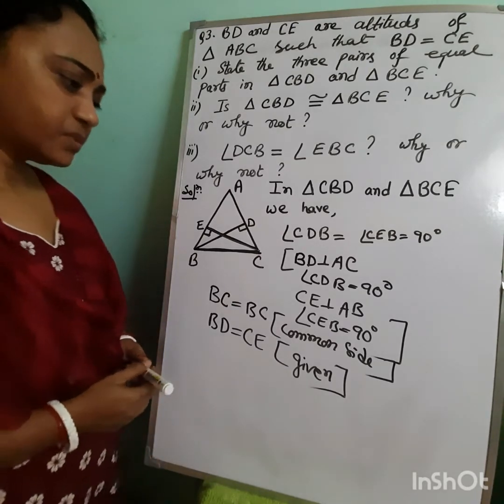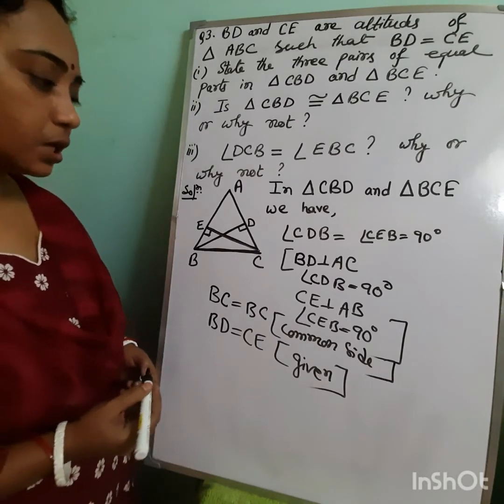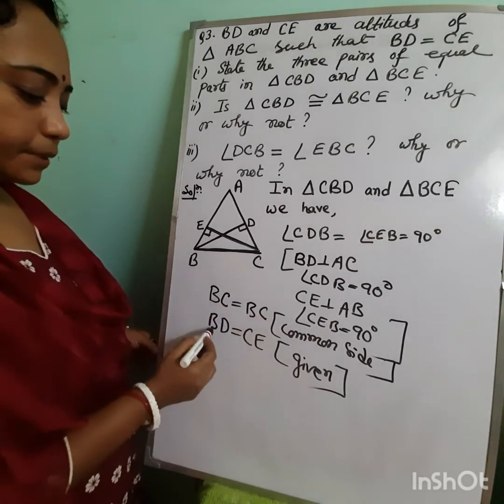Also from these three equality relations, we have the following correspondences with their vertices. Here BC is equal to BC and BD is equal to CE.